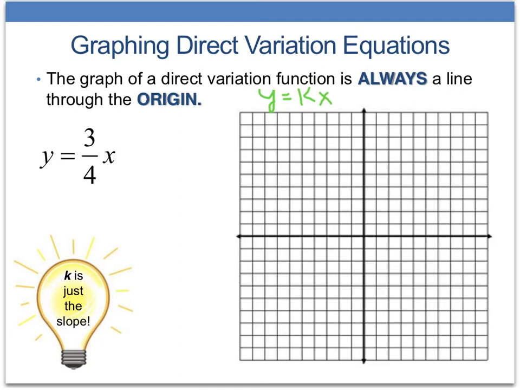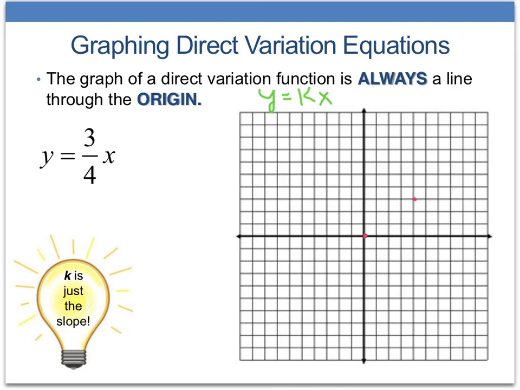So for this line, y equals 3/4 x, we are going to graph this. You can use a table of values if you need to, or you can just use your y-intercept as well as your slope. Now, since I have nothing added or subtracted, that means my y-intercept is (0, 0). My slope is 3/4, so I'm going to go up 3 over 4.